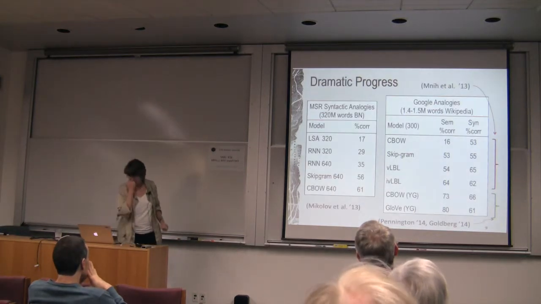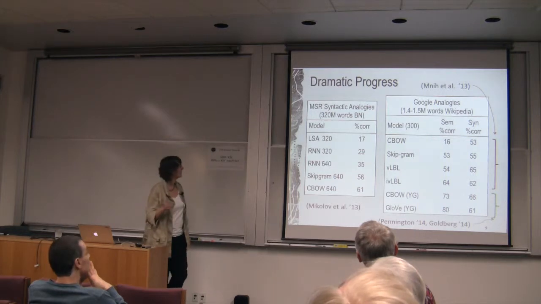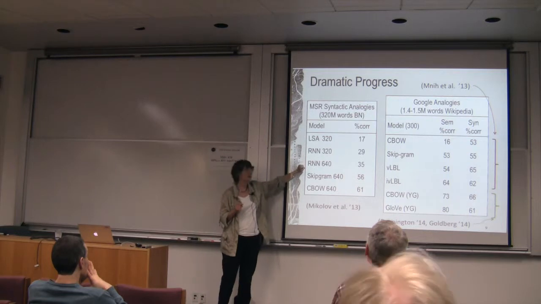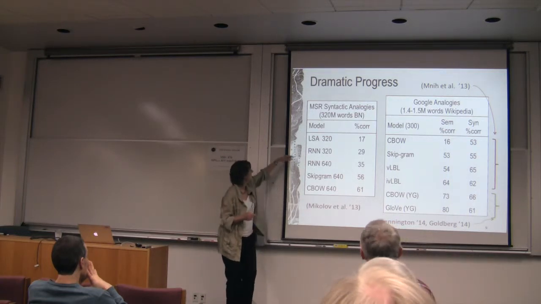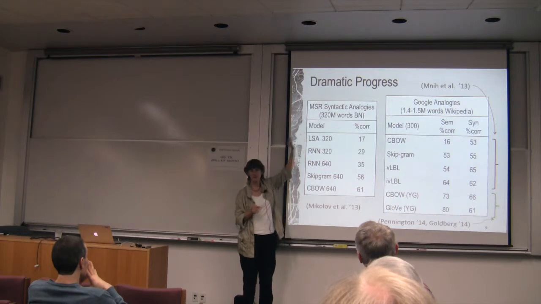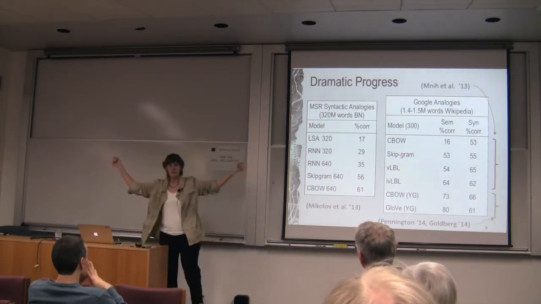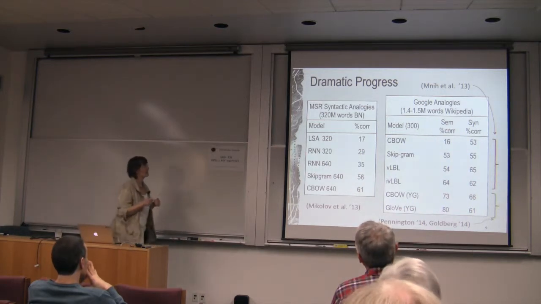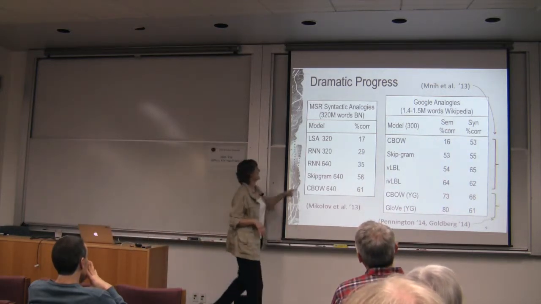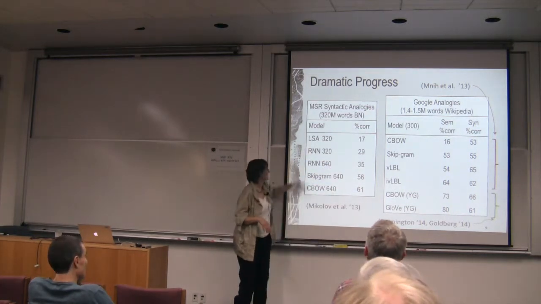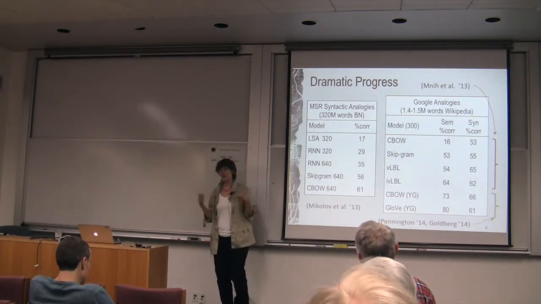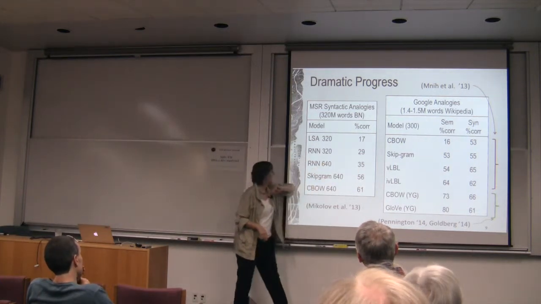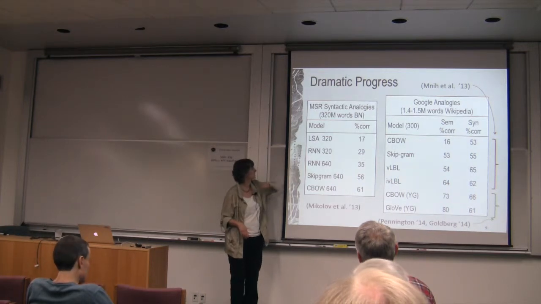Okay, so there's actually been pretty dramatic progress. The groundbreaking paper a year and a half ago showed, all right, if I try to do this with latent semantic analysis, so I take big term document matrices and do singular value decomposition, trying to solve those analogy problems, I'm getting 17% correct. This is all on the same training data. If I use RNNs, if I can increase the dimension, I can get up to 35% correct.